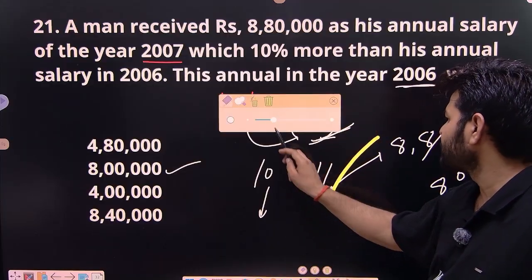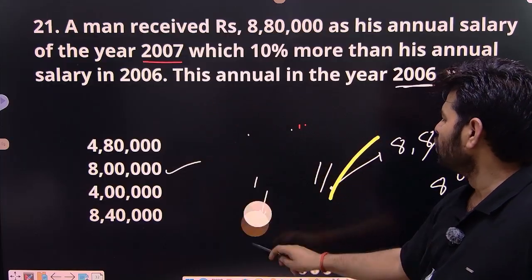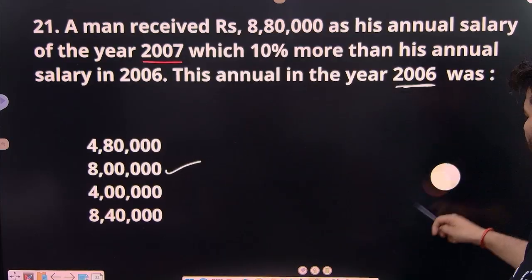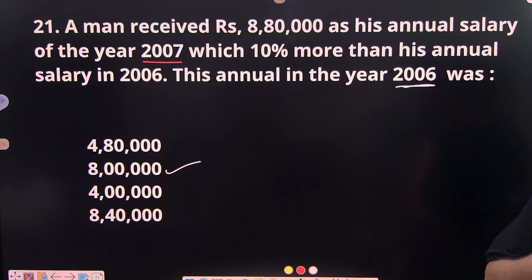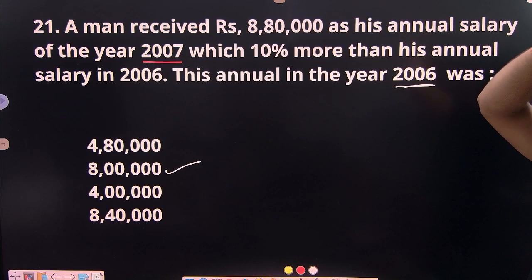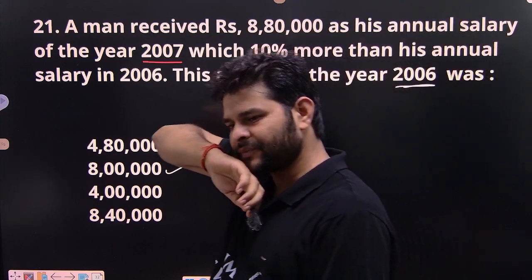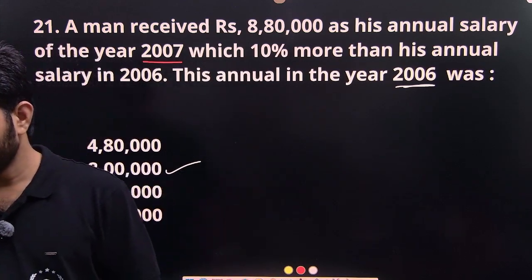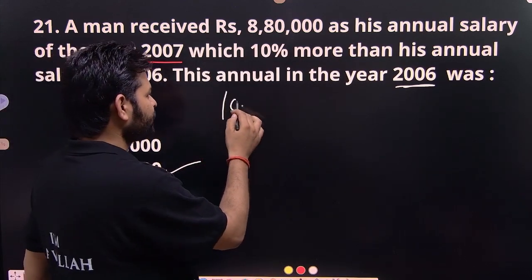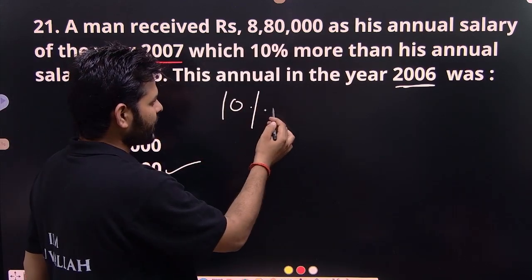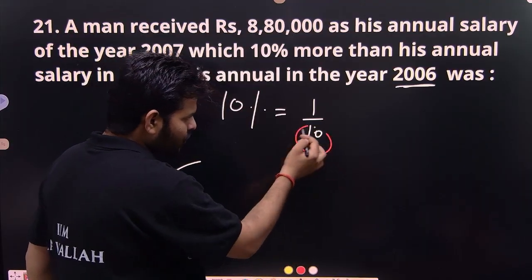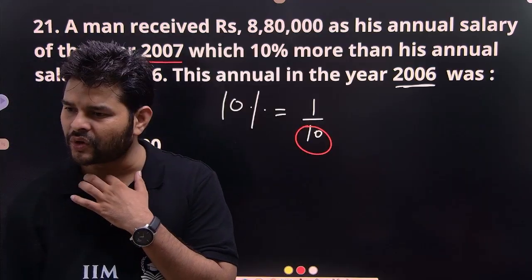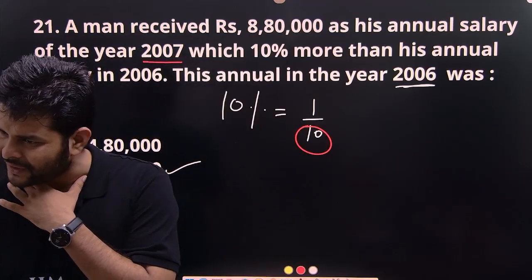Again, let me explain. The question is saying the man was making some salary in 2006. Now in 2007, his salary increased 10%. We don't know the actual salary. The fraction value of 10% is 1 by 10. Whatever value is written in the denominator always shows the value by which we are comparing.